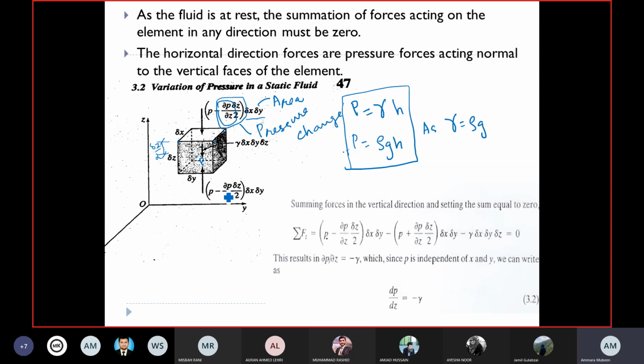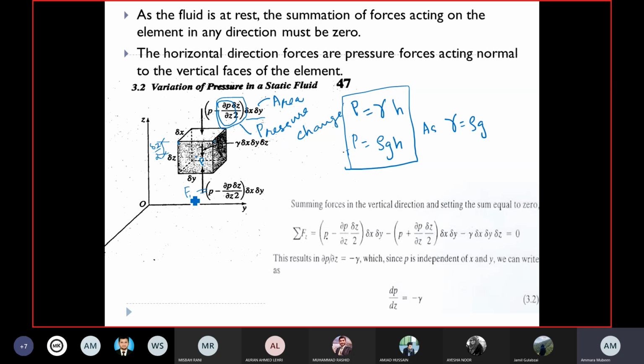Delta P over delta Z is the pressure gradient, multiplied by the distance over which this pressure gradient is acting, which is delta Z by 2 again. Then you would have the change in pressure from the mid pressure, the average pressure. So P minus this change in pressure, multiplied by the area of the bottom surface, which is the same delta X and delta Y, would give you the force.